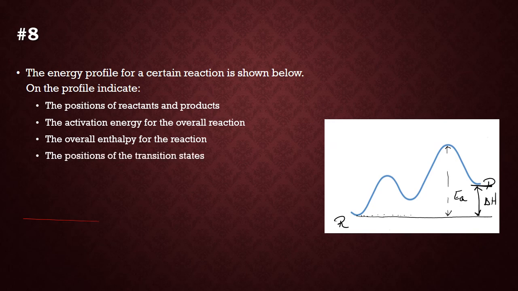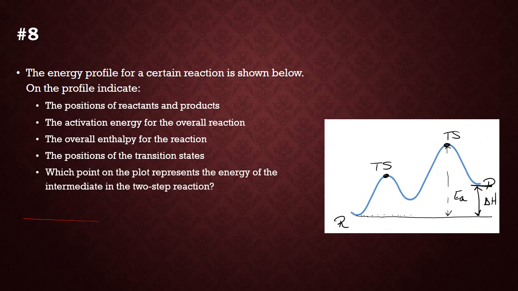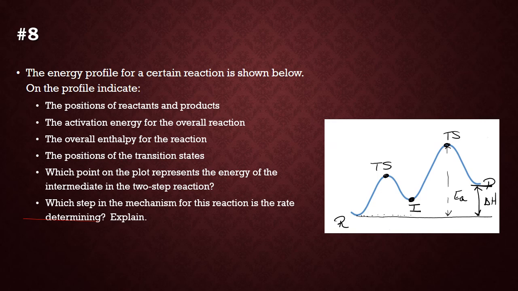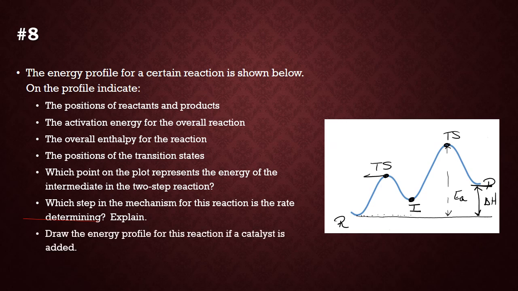Transition states here and here. These are your transition states or activated complexes. Either one is fine. The intermediate is right here. And the rate determining step, that's this point right here. That is your rate determining step.